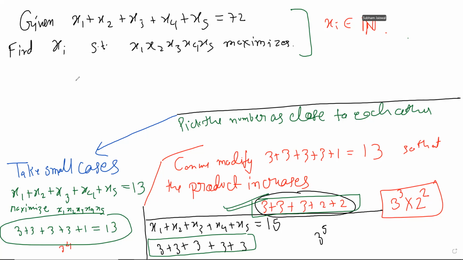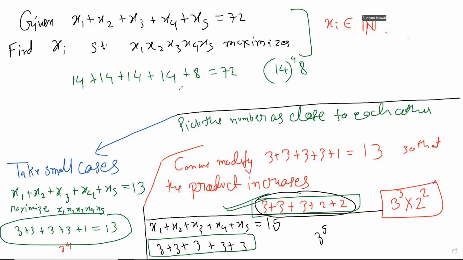Fourteen. Okay, so you're saying 14, 14, 14, and then 8. You're saying this would be the breakup. But in this breakup, the numbers are not as close. This breakup is not the closest.